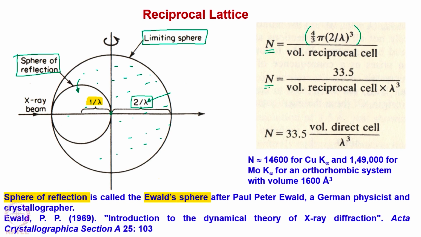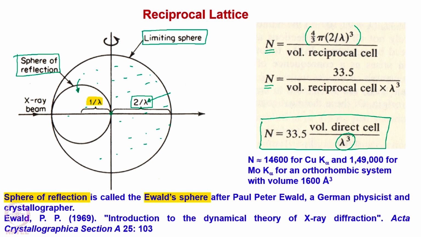So then the value of n can be calculated in terms of the volume of the direct lattice, that is the volume of the direct unit cell, if we know the wavelength of diffraction.